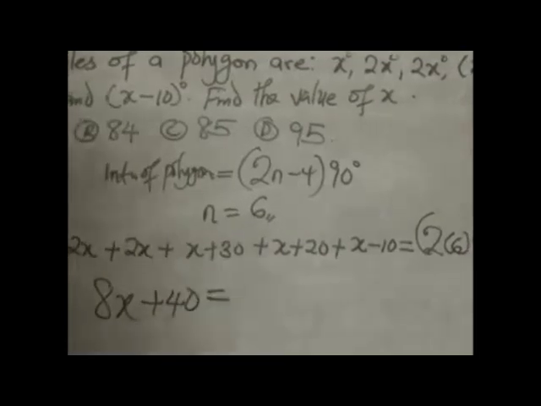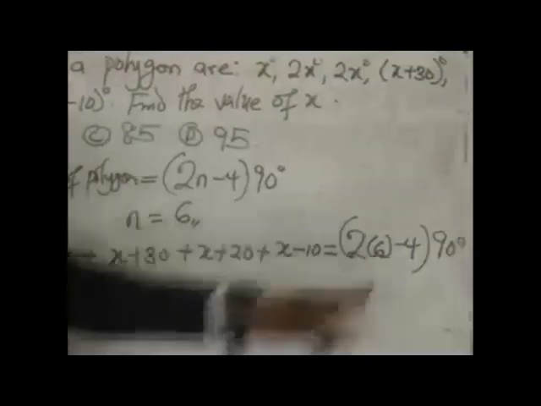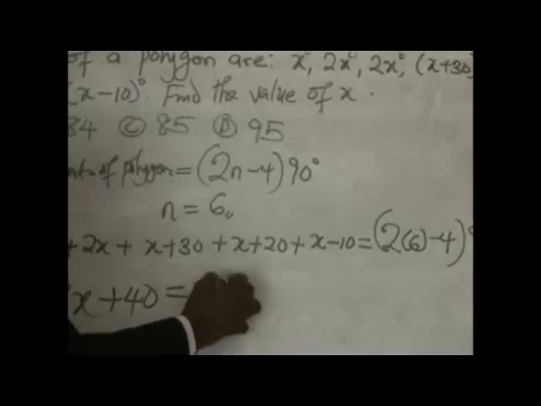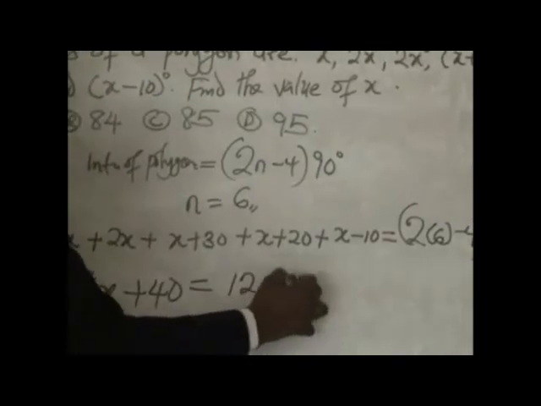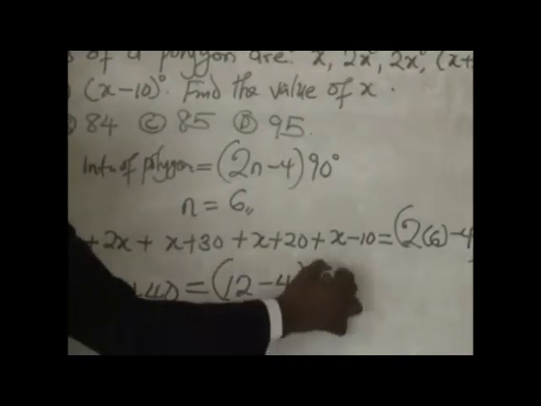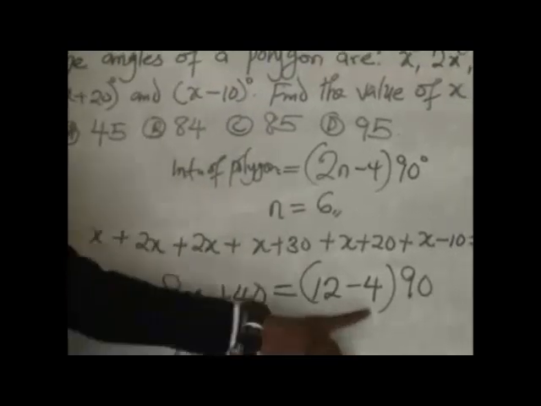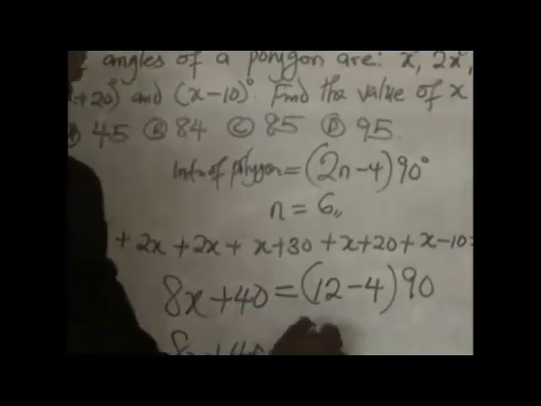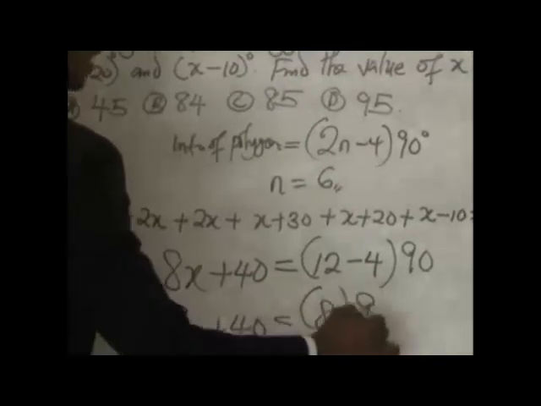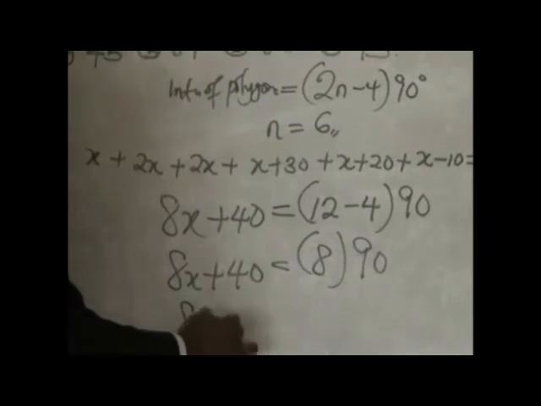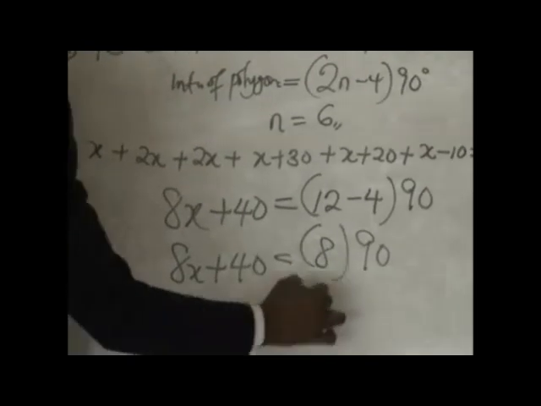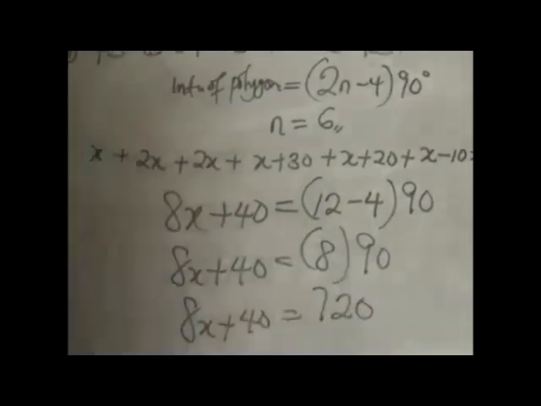Equal to, now, 2 times 6 is 12, minus 4, all multiplied by 90. Are you following? So this becomes 8x plus 40 equal to 12 minus 4, which is 8, multiplied by 90 degrees. So 8x plus 40 becomes 720.